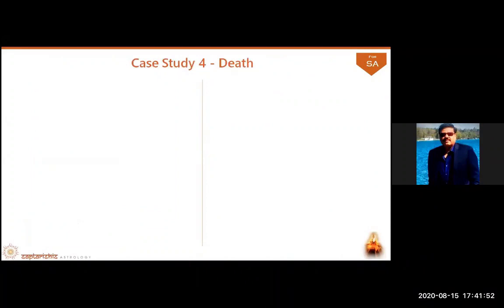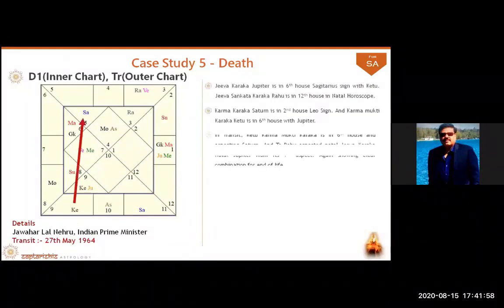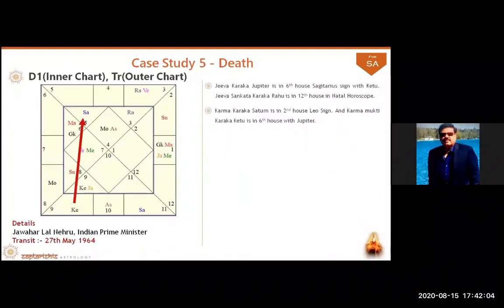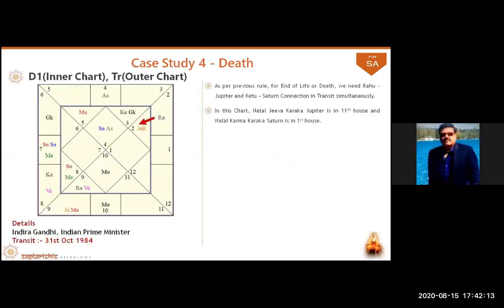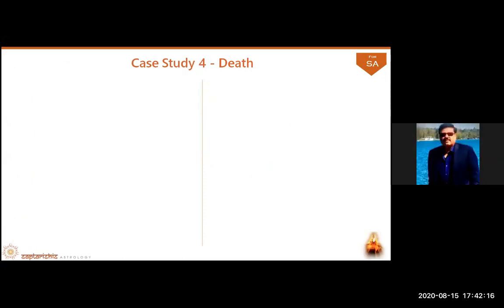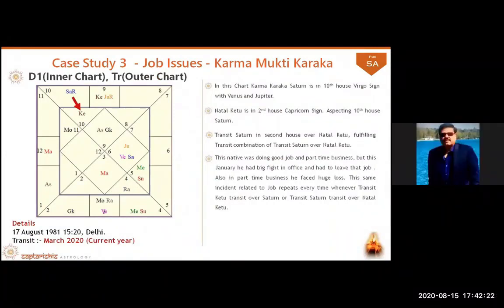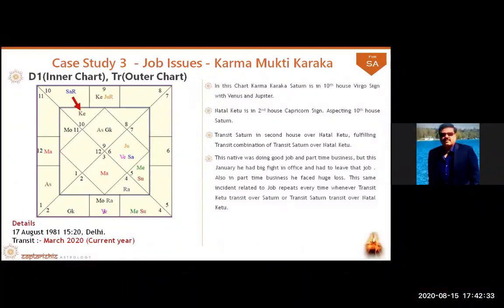In transit, Rahu was in my 10th house, in Mithun Rashi, and it was aspecting my natal Guru, and transit Ketu was going over natal Shani. For Virgo Lagna, it was Guru and Shani, in my case in Sagittarius. So in 2019, both the combinations were taking place.